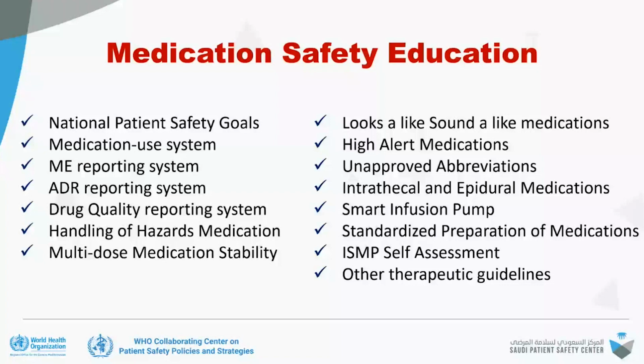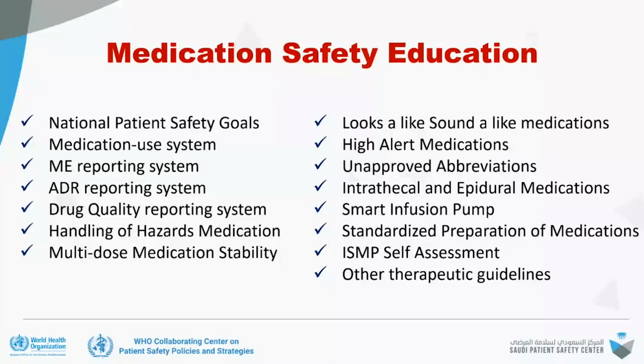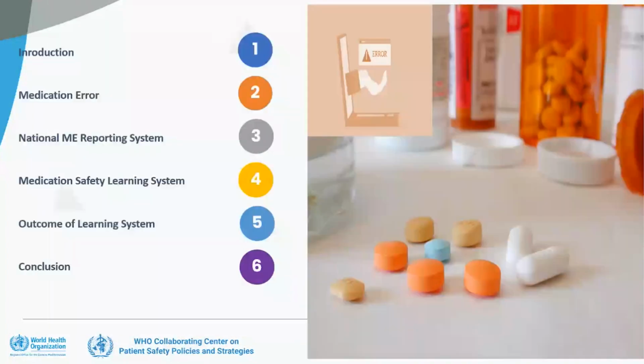At that time, we set up a guideline to prevent any medication error to the patient. And you can put out small messages and advice, like medication safety alerts from ISMP. You can do it locally and send it on a monthly or weekly basis to all your staff to prevent medication errors. You can use it as an education tool.